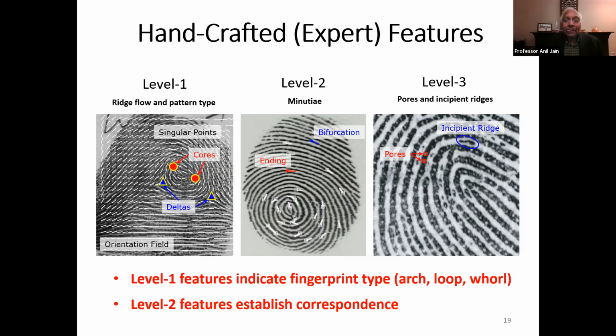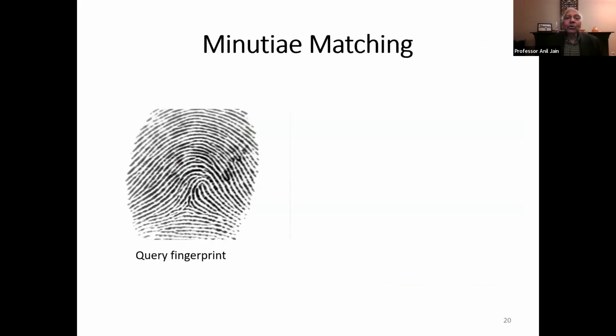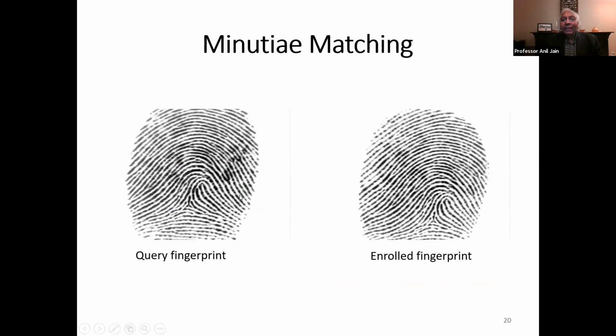Next slide, please. So I want to show how the matching works based on the minutiae. And I think you'll have to use the cursor to move it; it's an animation. So if you click it again, you will. Yes. So we have a query fingerprint and an enrolled fingerprint. In the next set of images, you will see the minutiae points.